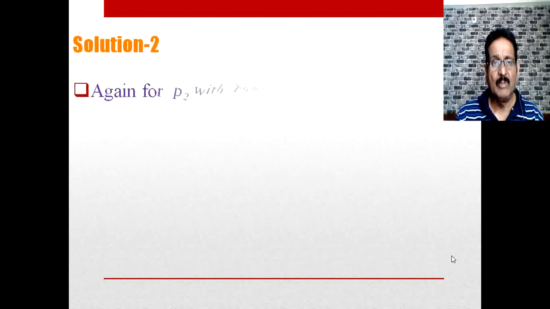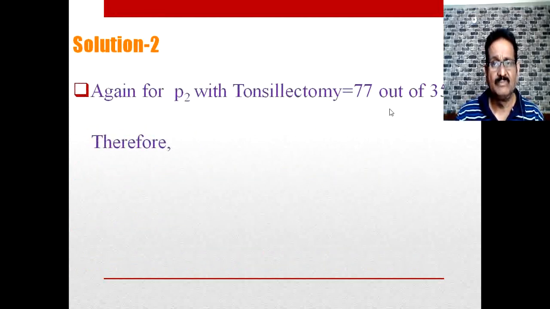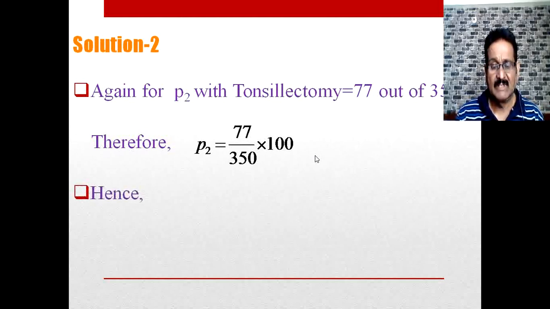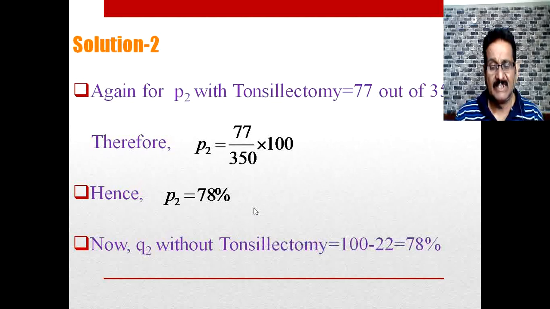Now for school B, P2 is 77 out of 350. Therefore 77 upon 350 into 100 will give the positive character for group 2, that is 22%. We subtract it from 100 and this value will give the negative character for group 2, Q2, that is 78%.